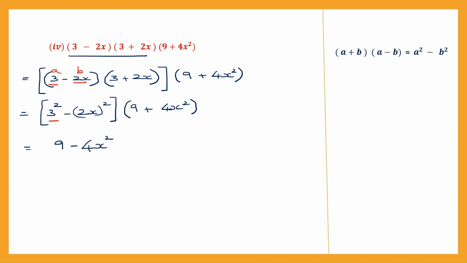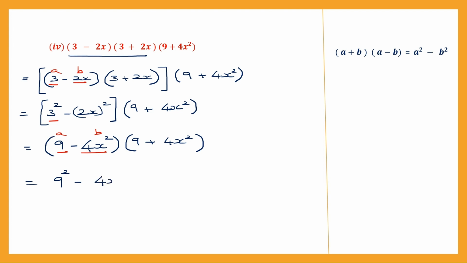So what do we have here? 9 minus 4x square is the first binomial here, and the second one is 9 plus 4x square. So this is also now in this format. So our answer should be a square minus b square. So what is a? This is a and this is b. So a square minus b square means we're going to write a, that is 9, 9 square minus b square.